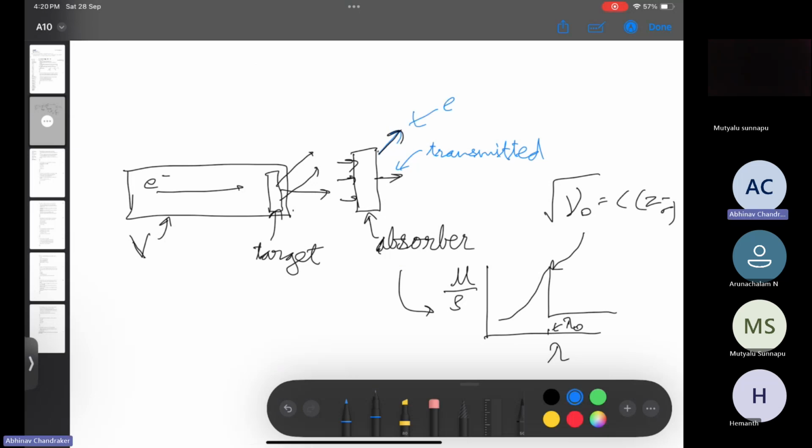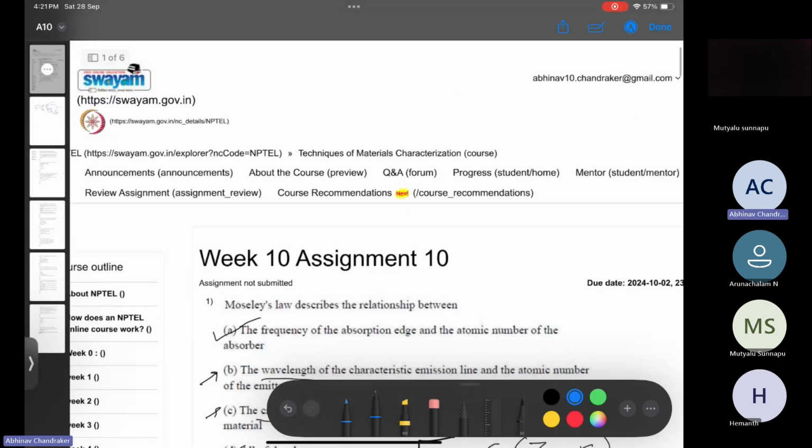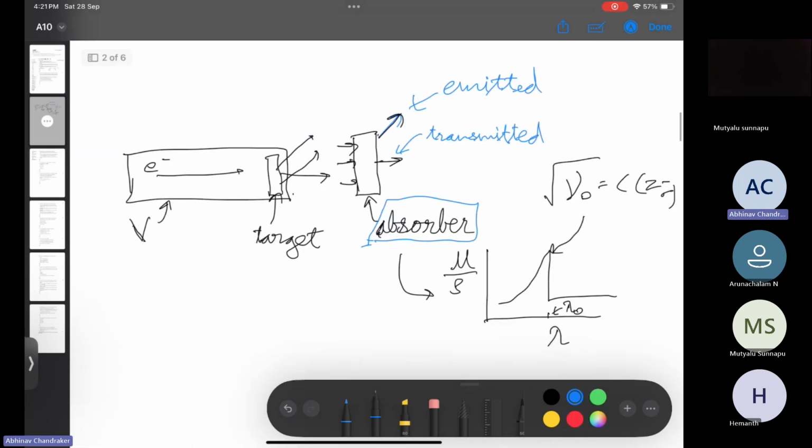If this is the emitted X-ray, it can be the characteristic X-ray for this absorber material, and this will be related to the atomic number of the material. So because it is probably some characteristic X-ray, this atomic number of the material is related to the absorption edge frequency.